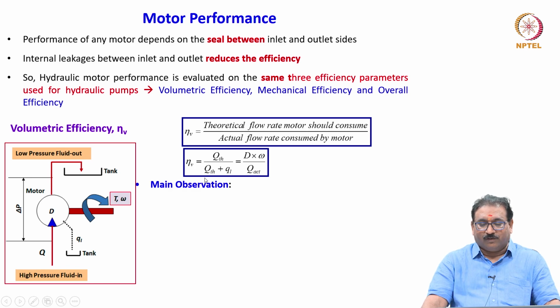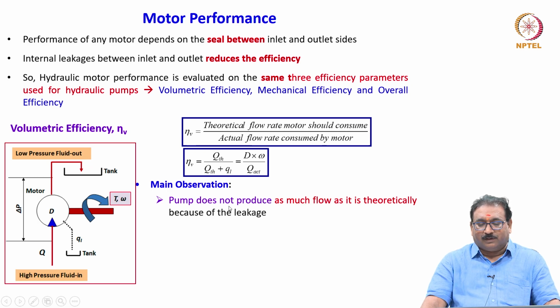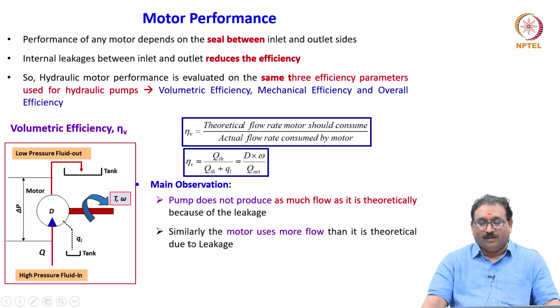The main observation here, as compared to pumps: a pump does not produce as much flow as theoretically expected because of leakage. Similarly, the motor uses more flow than theoretically required due to leakage.